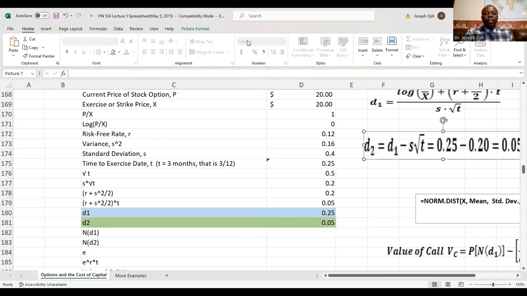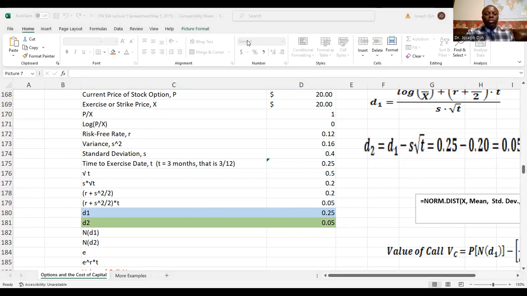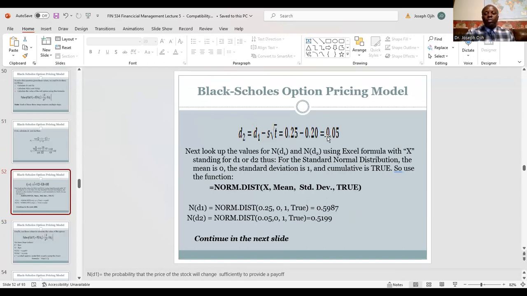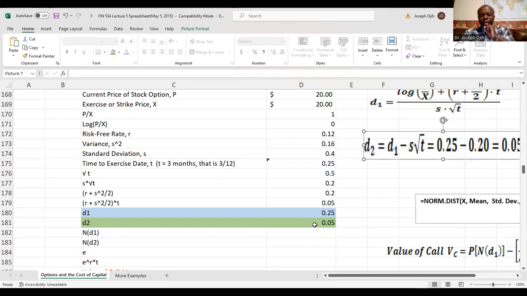Now, I want to make sure that I didn't type anything wrong in my PowerPoint. You can see that our D1 is right here too. D1 is 0.05, which is the same thing we got in the Excel.